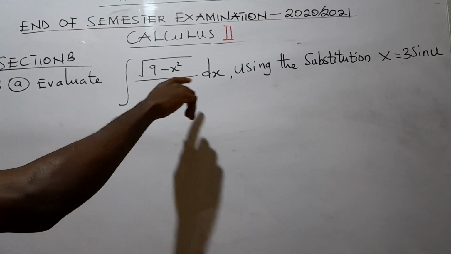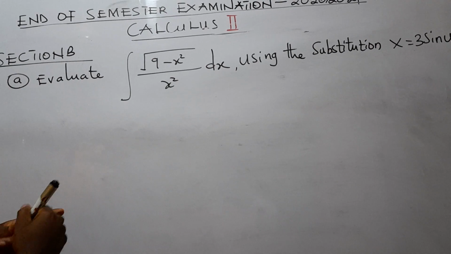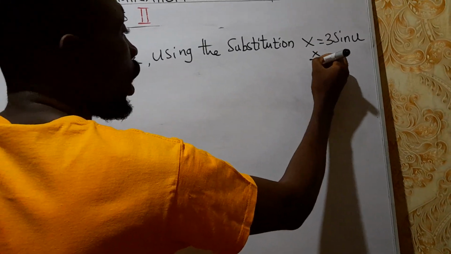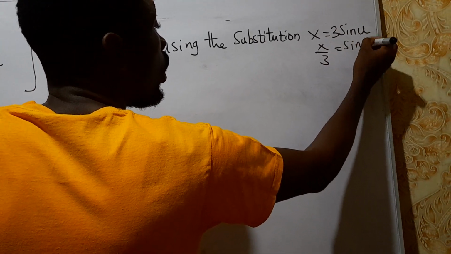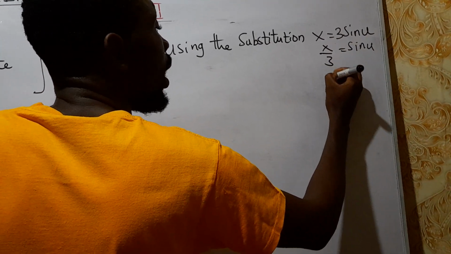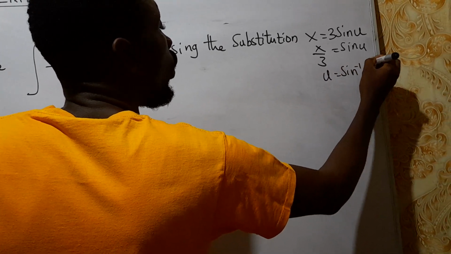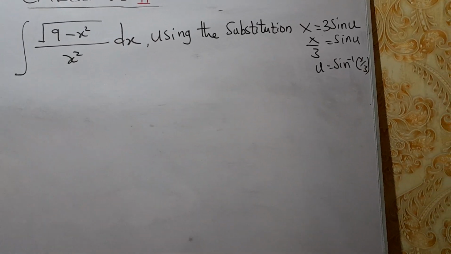In place of x, you substitute 3 sine u, then you integrate. So we can say that x over 3, when I divide both sides by 3, is equal to sine u, and my u will be equal to sine inverse of x over 3. Please get that, very, very necessary.